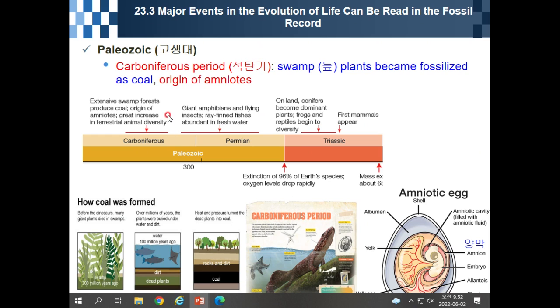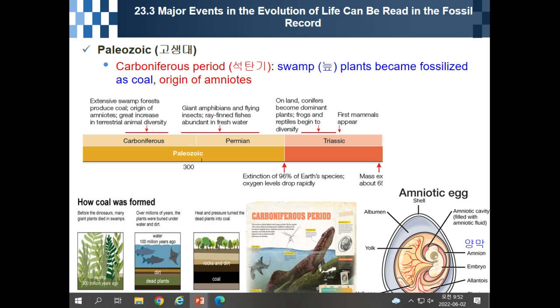Okay, now we will go to the Carboniferous period. In Korean, we call it as 석탄기. Okay, so in the Carboniferous period, there was a lot of swamp plant. In Korean we call it nup. Usually swamp plant is fossilized as coal, like this.